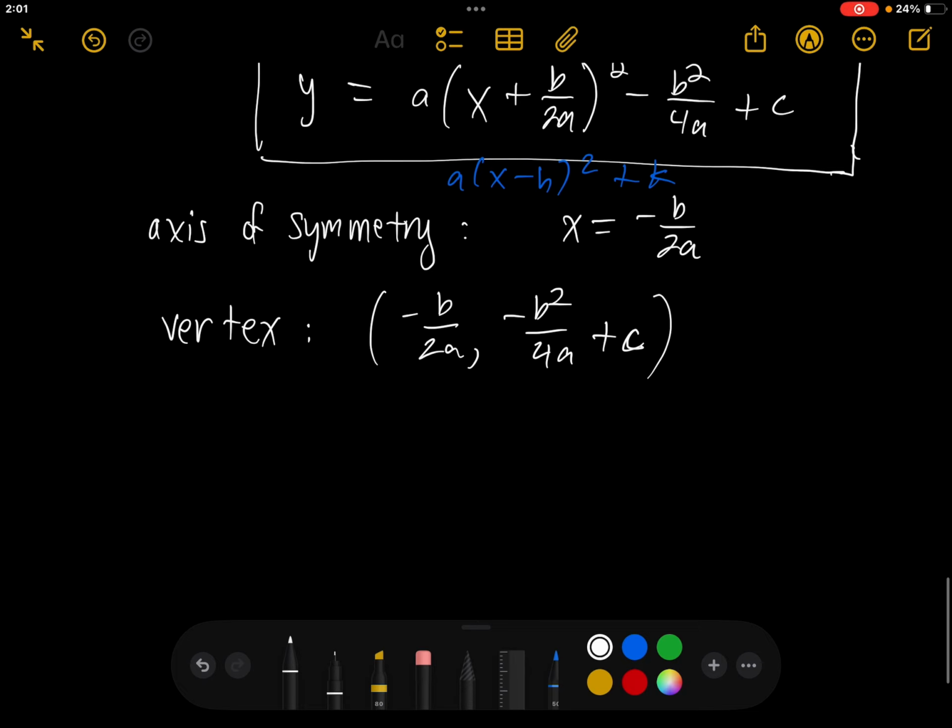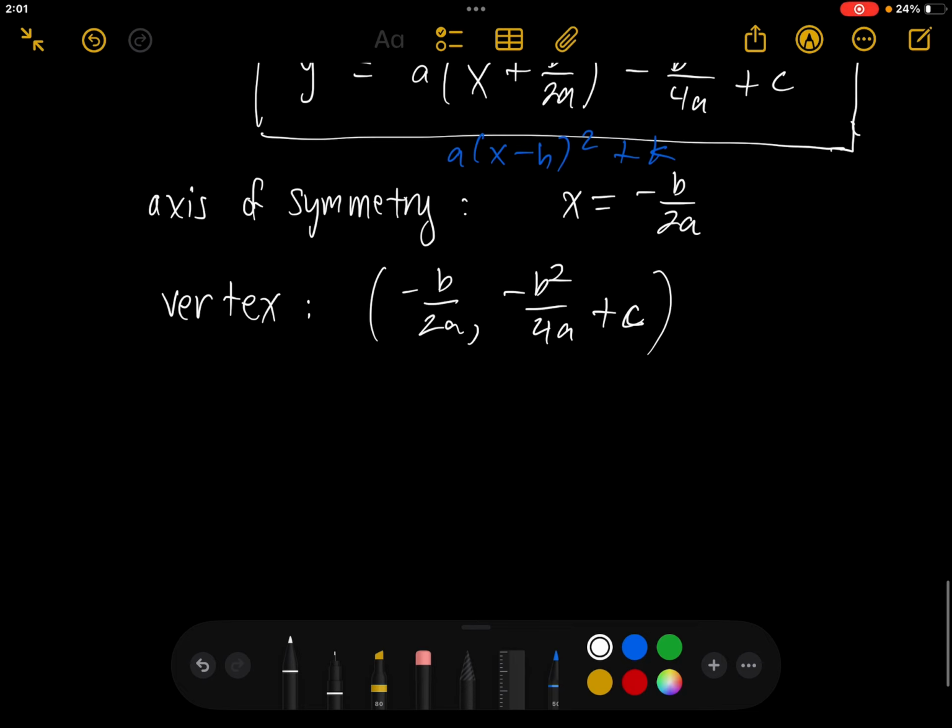In practice, it's usually easier to just remember the x-coordinate of the vertex. Then once you find the x-coordinate of the vertex, just plug it into the original equation to find the vertex. So let's apply this formula to an example.